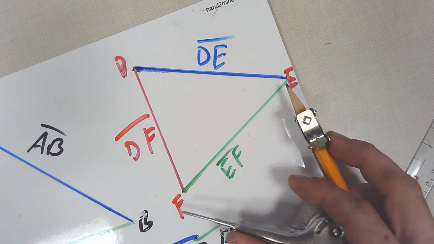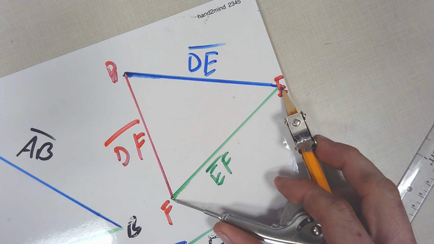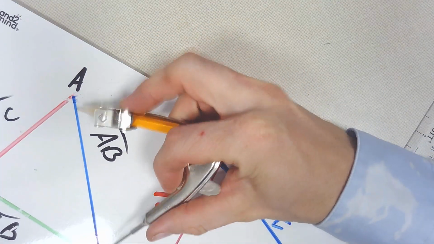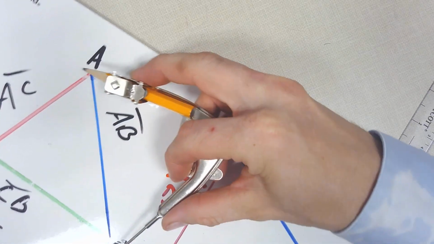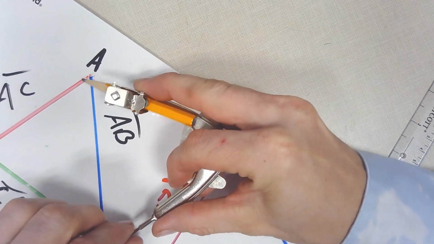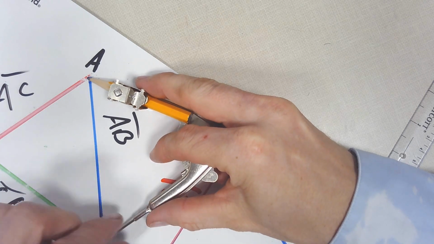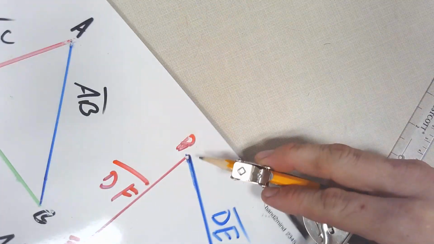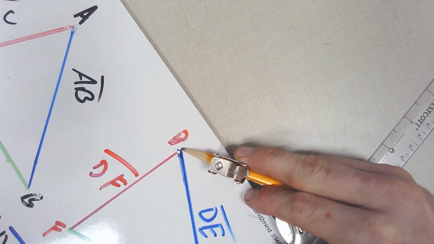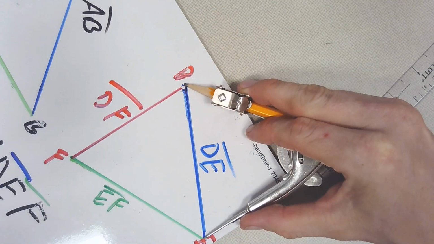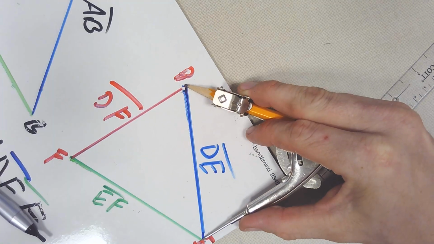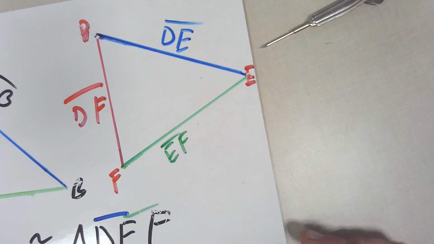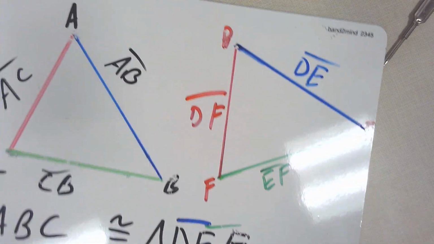My green lines are about the same, and my blue lines here are about the same. If I go from here to here, those are about the same. From there to there, about the same. So my line segments are congruent, right?